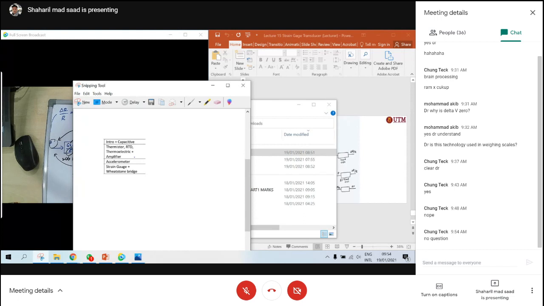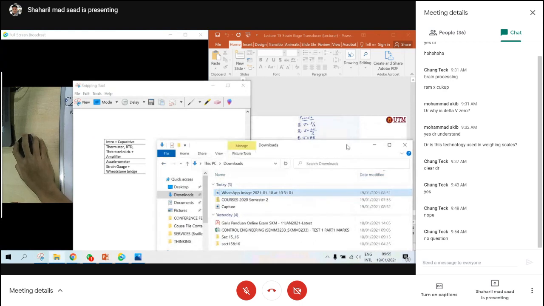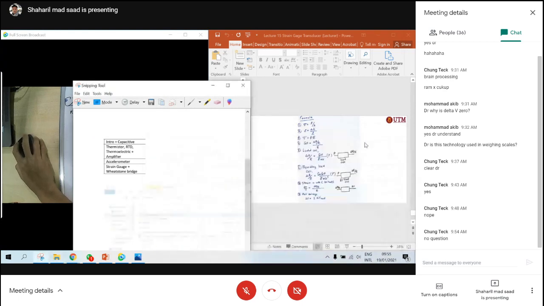Okay, and then capacitive transducer will be asked. Thermistor, RTD, and thermoelectric. Of course, all of these sensors will come with the amplifier, and accelerometer. And the last one is the strain gauge. Strain gauge, of course, will be combined with the Wheatstone bridge. We cannot avoid it. So these are the topics that will be asked for the test.